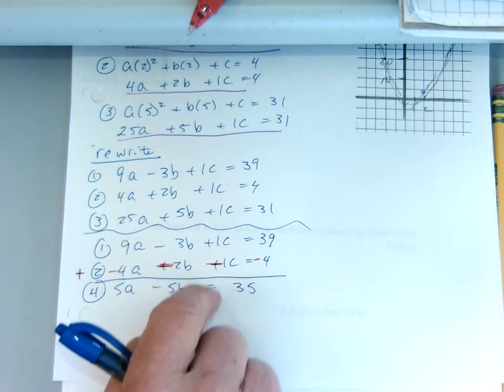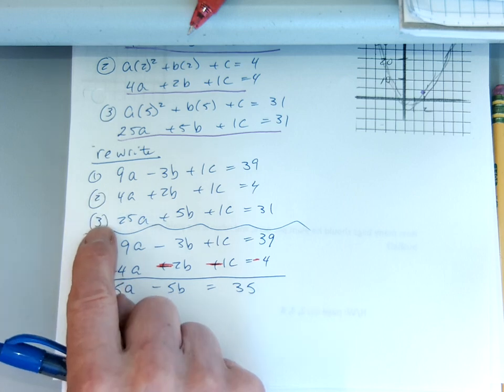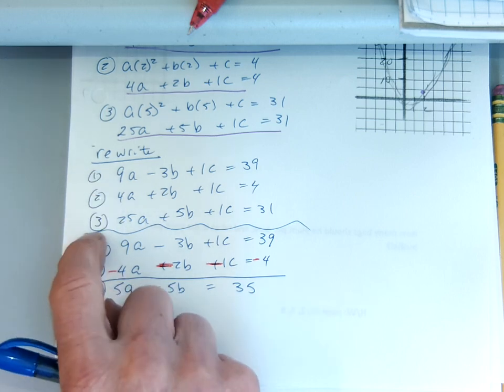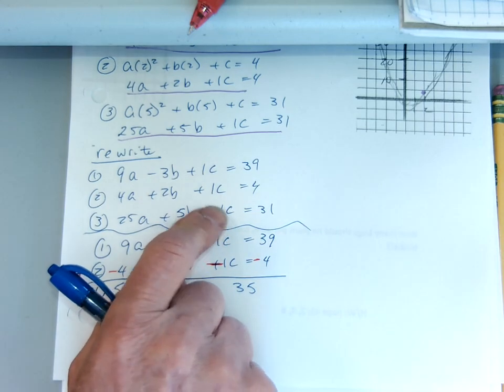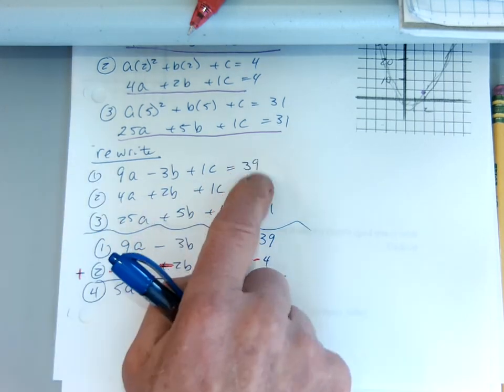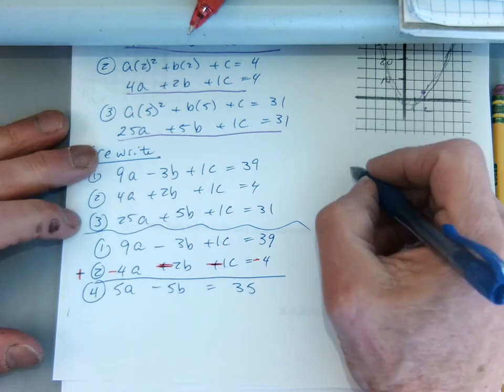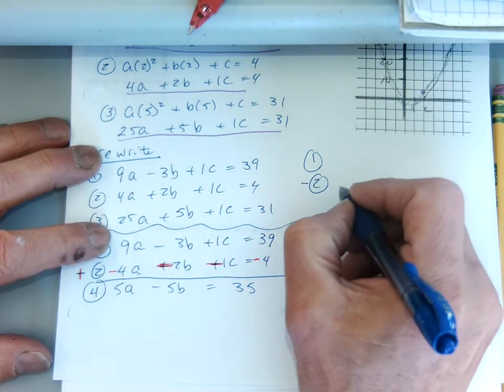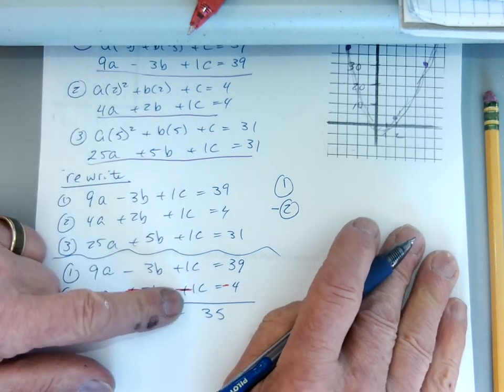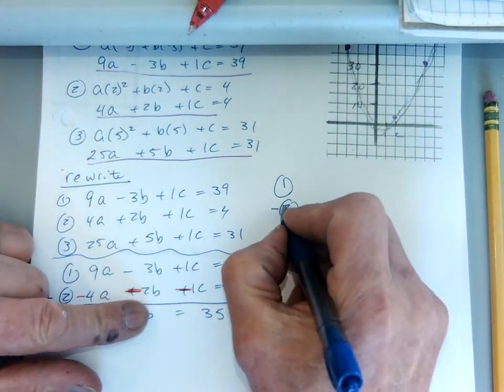So this time I'll subtract 2 from 3 or 1 from 3 and create another. But I want to cancel out the c. So it doesn't really matter. Probably 1 minus 3, because then I can get rid of the big numbers here. So now I'm going to go equation 1 minus equation 2, right? And then that'll cancel out the c's, right? Oh, I'm sorry, my bad. My 3.